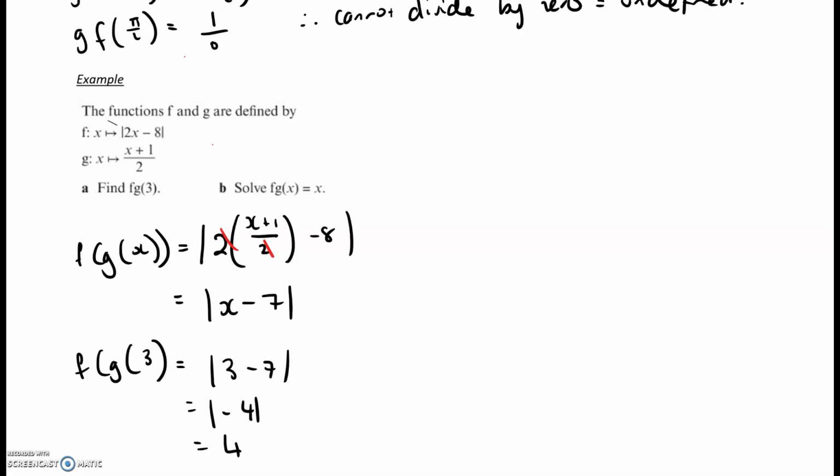Solve for f of g of x equals x. So we've already worked out what f of g of x is. That's the absolute value of x minus 7. So I want to solve for where that's equal to x. When we're solving for absolute values, we split and look at our positive case and our negative case. So we've got x minus 7 is equal to x, that's our positive case.